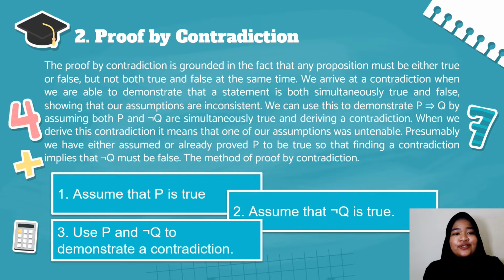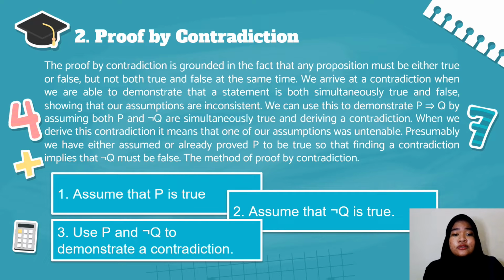Second, proof by contradiction. The proof by contradiction is grounded in the fact that any proposition must be either true or false, but not both true and false at the same time. We arrive at a contradiction when we are able to demonstrate that a statement is both simultaneously true and false.